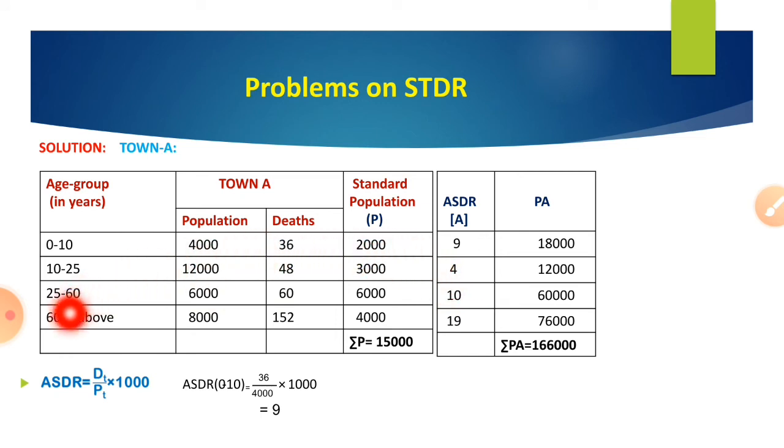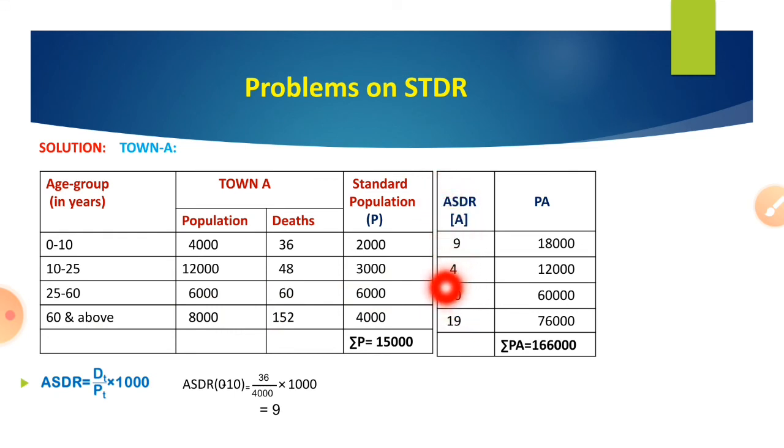Next, ASTR for the age group 25 to 60 is 60 divided by 6000 into 1000, which is equal to 10. Next, ASTR for 60 and above, 152 divided by 8000 into 1000, is equal to 19. So these are the ASTR values.